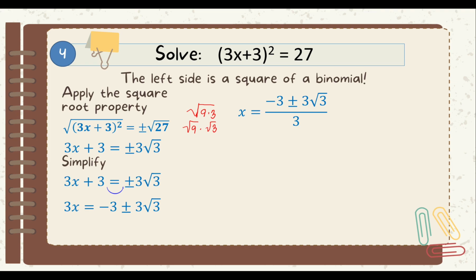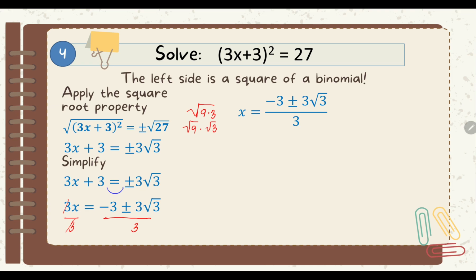Then, since the coefficient of x is 3, we're going to divide both sides of the equation by 3. Thus, 3 divided by 3 will give us 1, leaving x is equal to negative 3 plus or minus 3 times the square root of 3, all divided by 3.